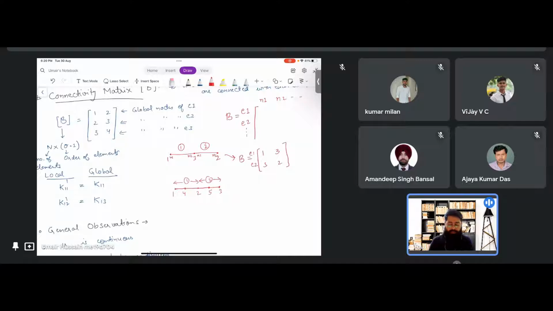How should B look for this case? Again, the number of rows is the number of elements. So we have E1, E2 there, and for each element, the elemental nodes will be like this: N1, N2, N3. So it will be 1, 4, 2, and for this element it will be N1.